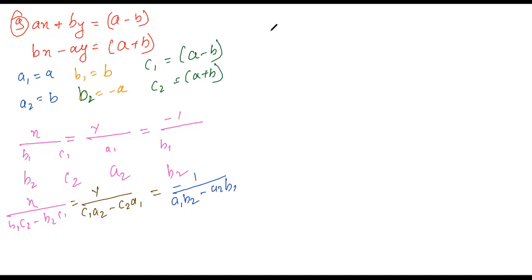So the first one is x by b1 c2 minus b2 c1. b1 is b, and c2 is a plus b. Then minus b2, which is minus a, into c1, that is a minus b.